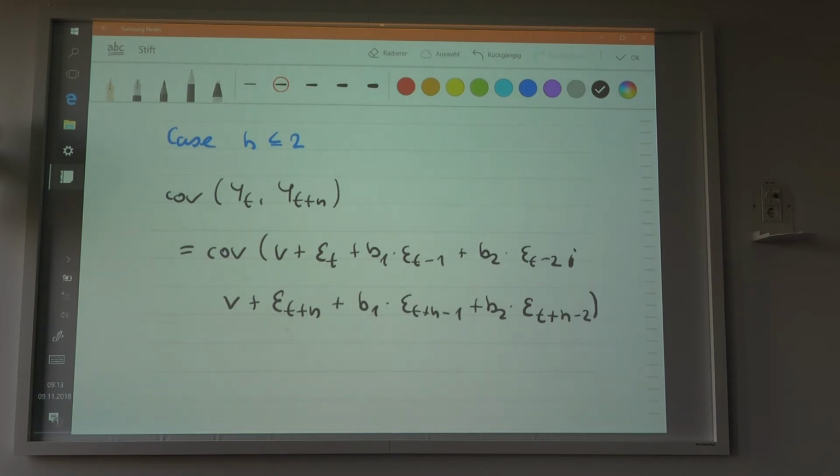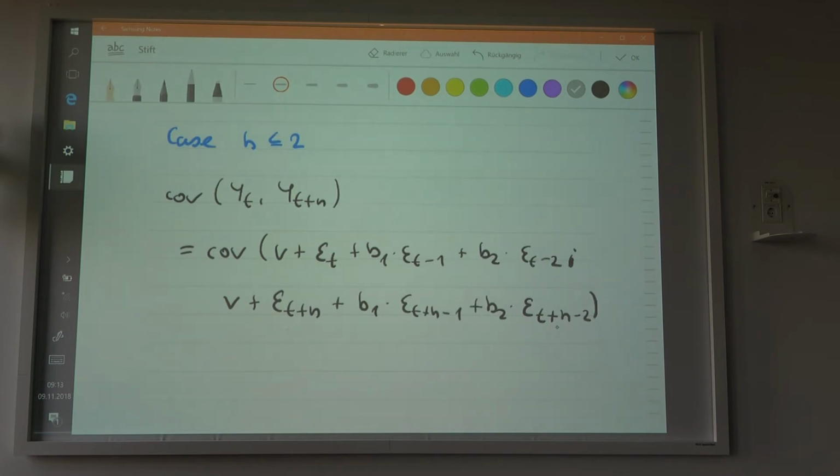If h is equal to 2, then what you have here is epsilon_{t+2}, then epsilon_{t+2-1}, which is epsilon_{t+1}, and epsilon_t is going to be the last one. So if h is equal to 2, this becomes epsilon_{t+h-2}, which is basically epsilon_t.